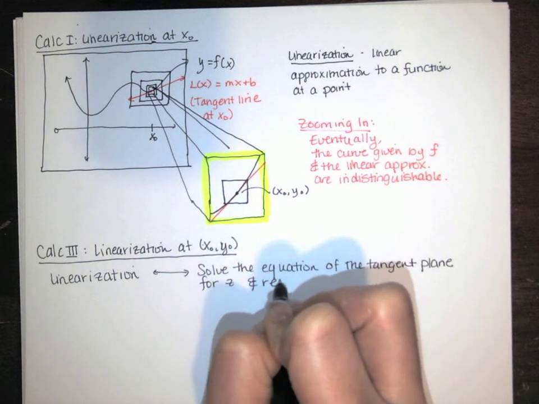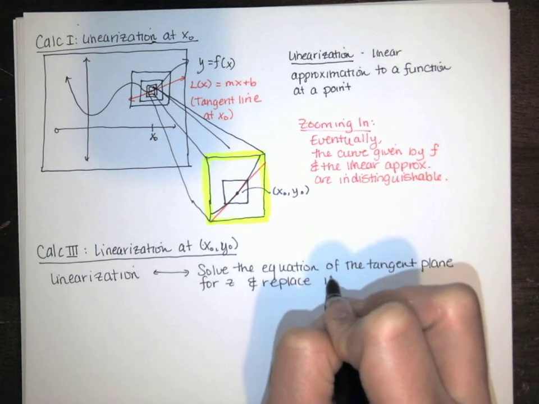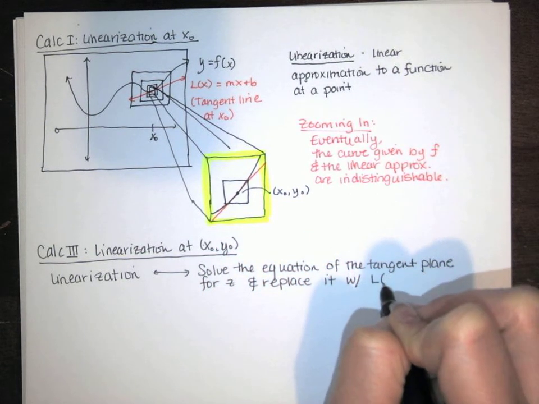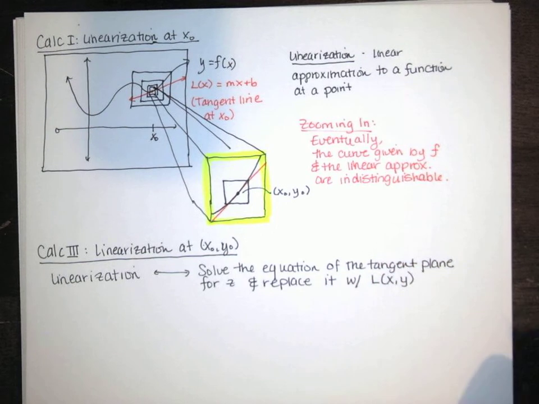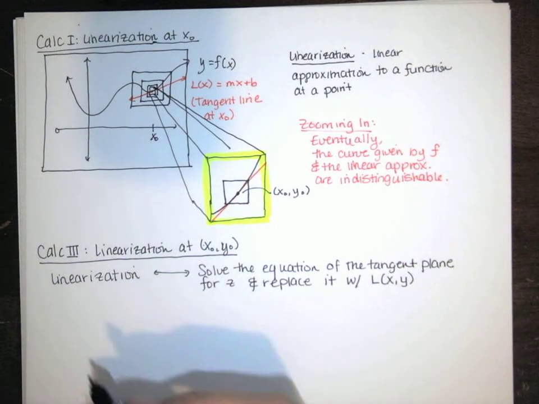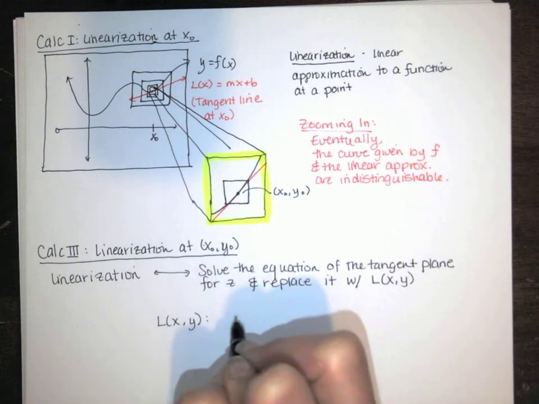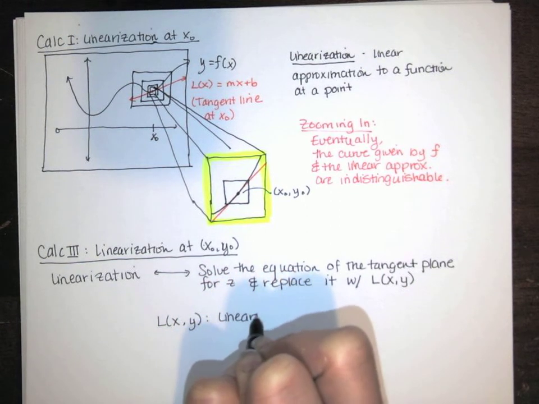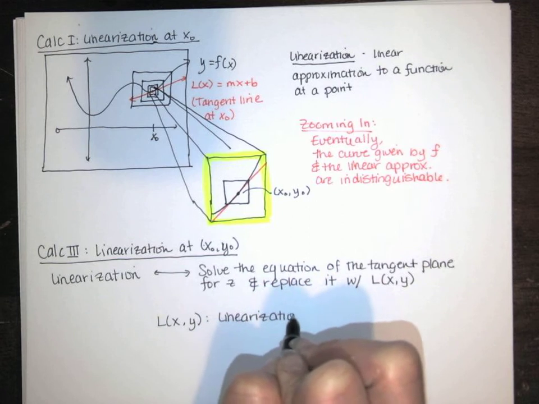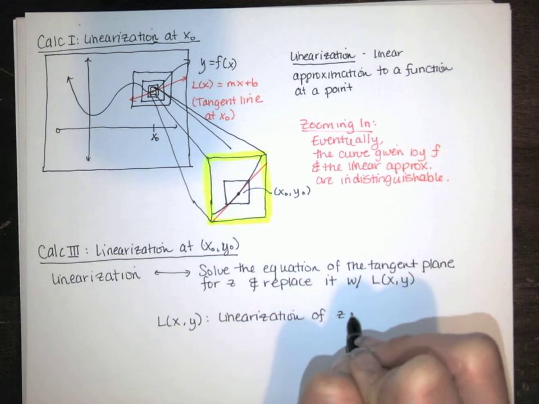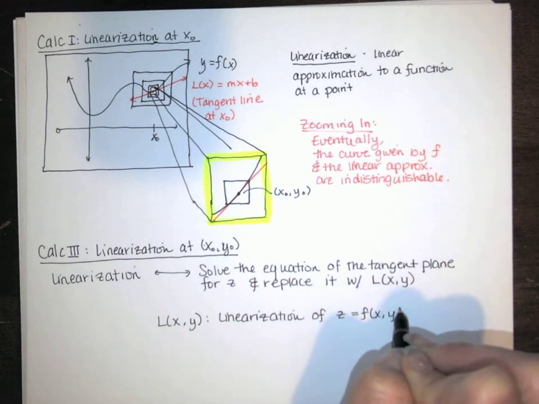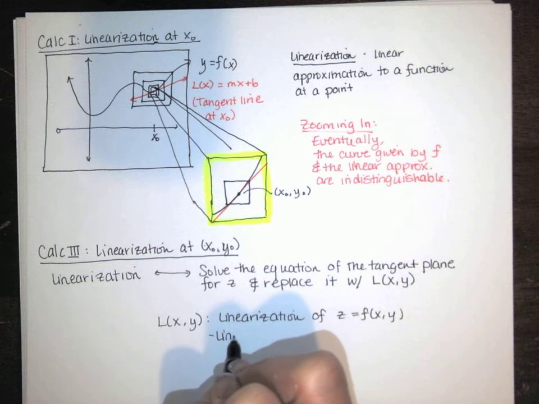And then usually we replace it with this notation, L of x y, to say that this L of x y is a linear approximation. So this is the linearization of z equals f of x y. It's a linear approximation to the surface.